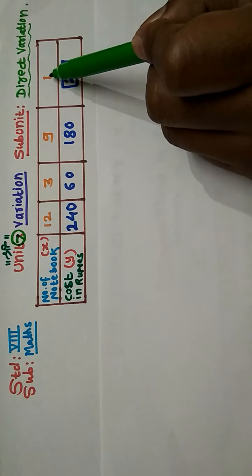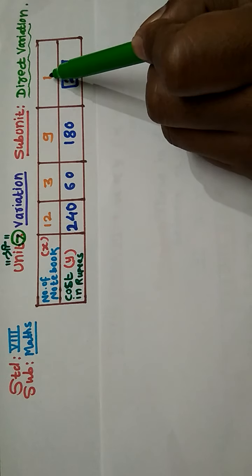Now see here, for one notebook we require 20 rupees, so here the ratio is 1 upon 20. For 3 notebooks we take the ratio 3 upon 60. 3 ones are 3, 3 twos are 6 upon 20, which means 3 upon 60 also gives 1 upon 20.